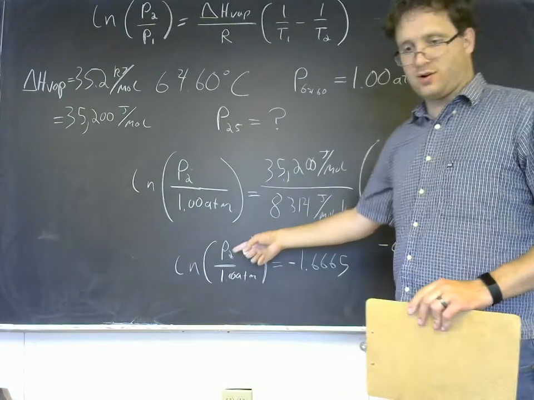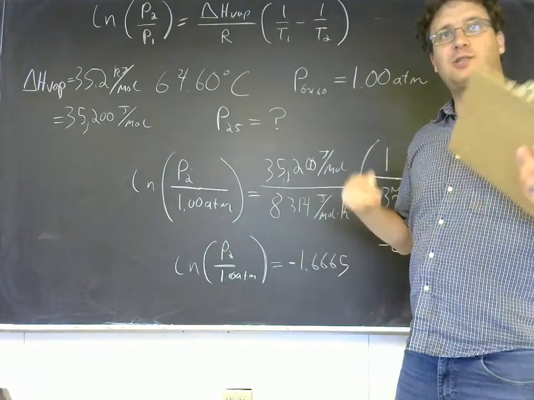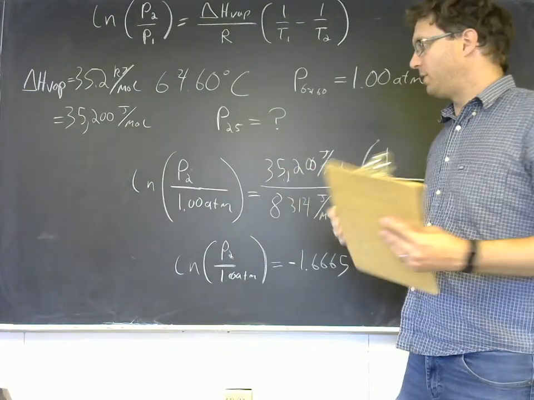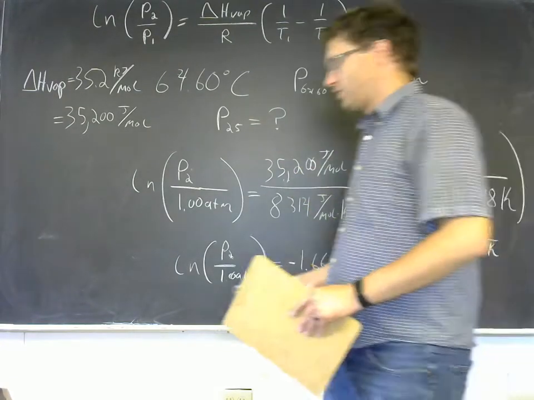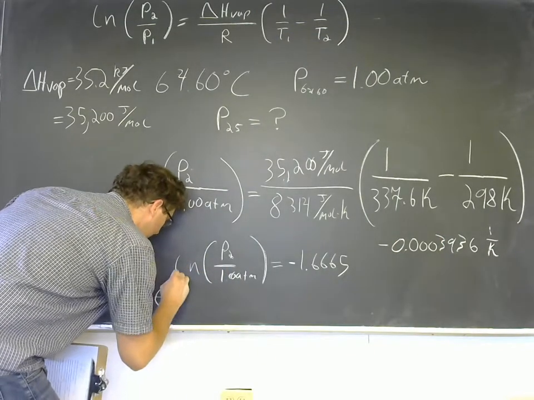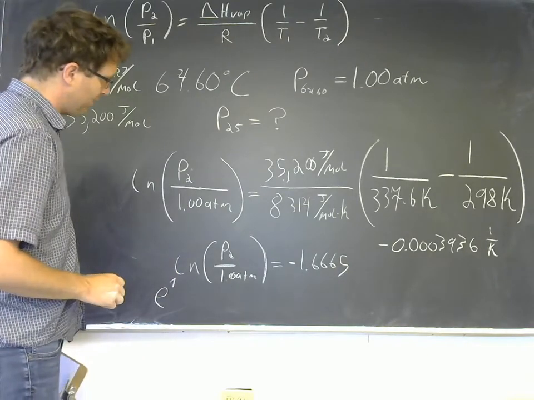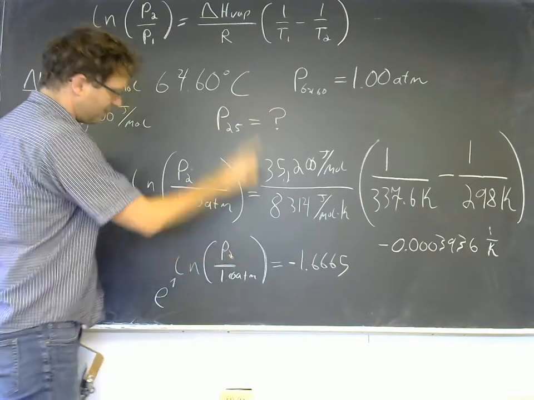The natural log is the inverse of exponentiation, and exponentiation is the inverse of the natural log. In other words, we'll take e raised to the power of the natural log of P2 over 1 atmosphere. And what that does is undo the natural log.